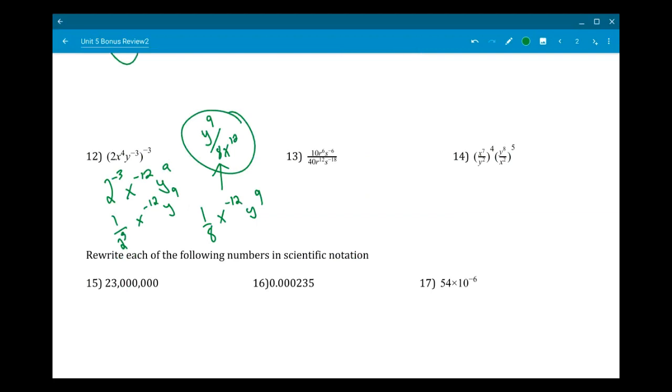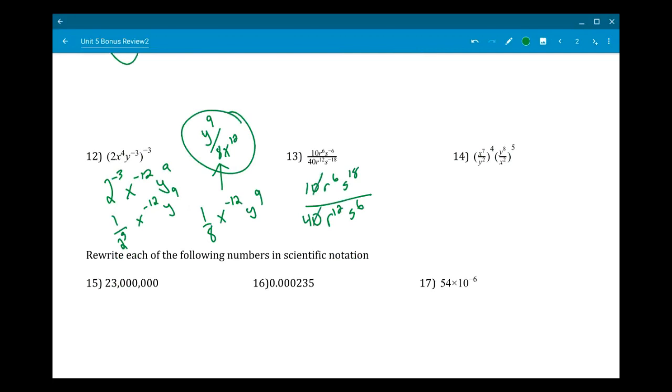For 13, this is where your method can maybe get a little shaky. If it were me, I might consider changing all of these to positive exponents. You can just go straight exponent subtraction here, but my initial change might be to just make this s to the 18th, make that s to the 6th, leave my r's alone because they're already positive exponents. But I think reframing the problem this way makes it just a little bit easier to deal with.